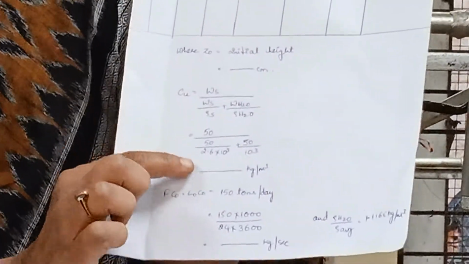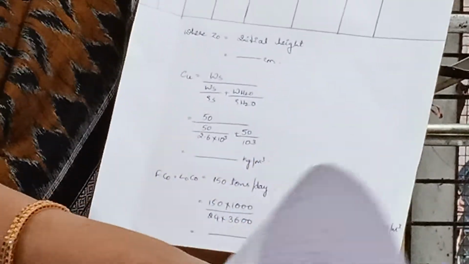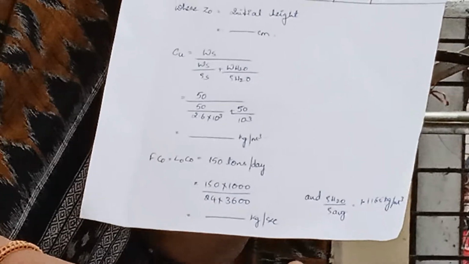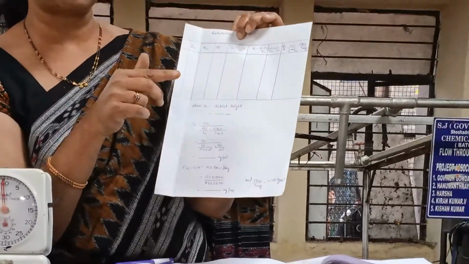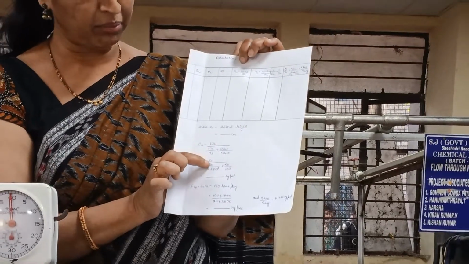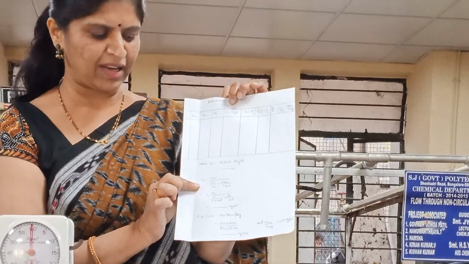So CU will get some value in kg per meter cube, that is the 50%. In the aim of the experiment you have the underflow concentration of 50% by carrying out the batch sedimentation. So by putting the 50% as a value, you will be getting the CU value.